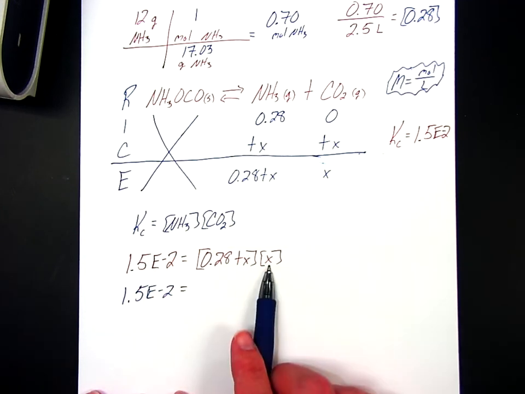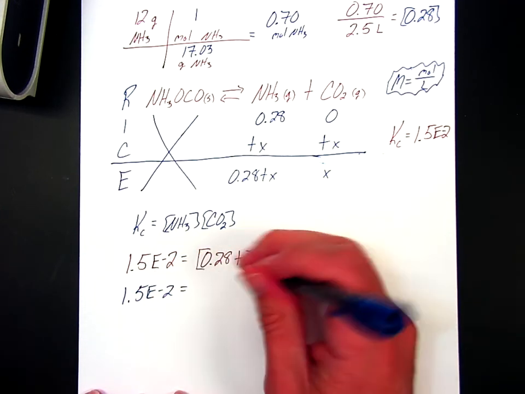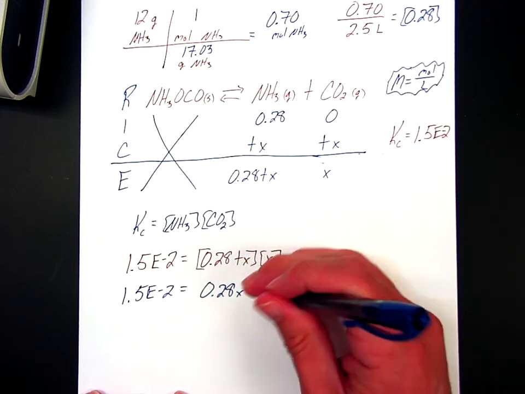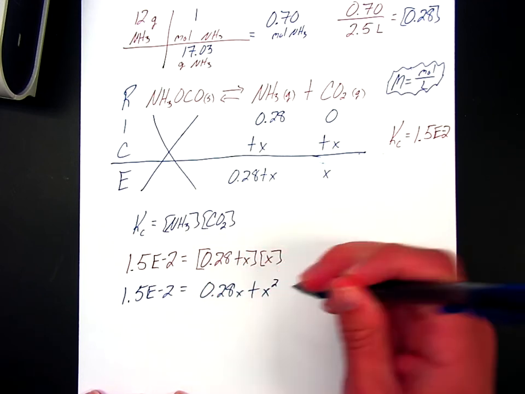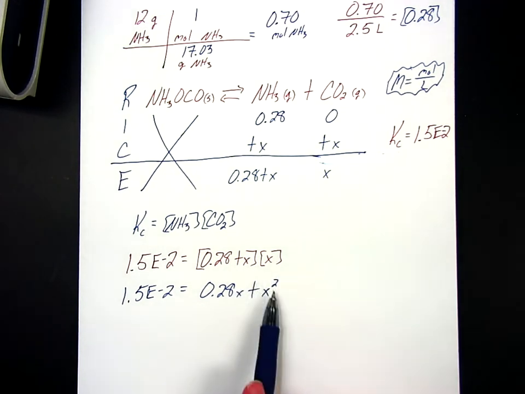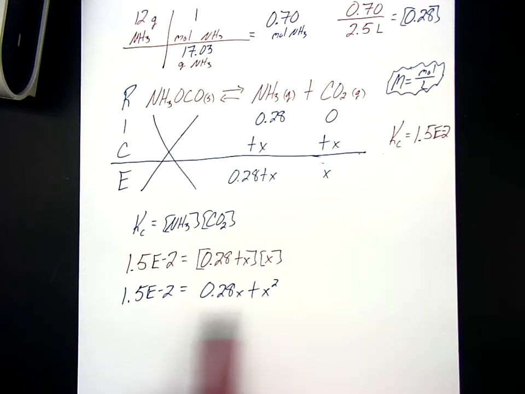I'm going to distribute this X into here. All right, that's how they'll multiply. So it'll be 0.28X plus X squared. All right, X times X is X squared. X times that is that value. And now I can see a quadratic forming.